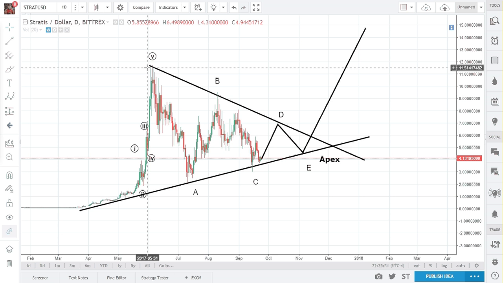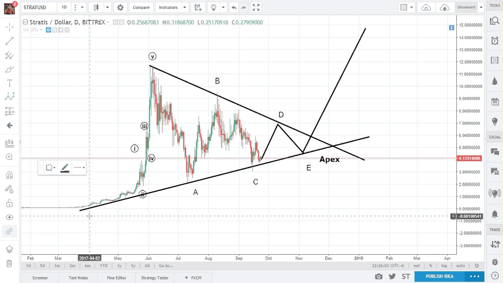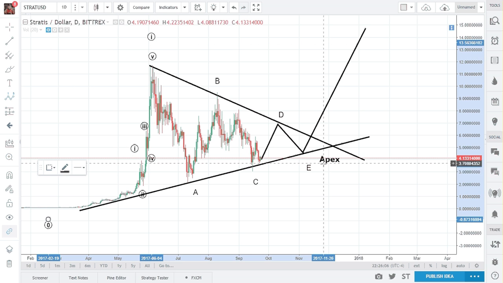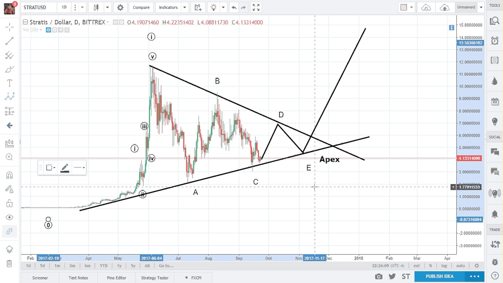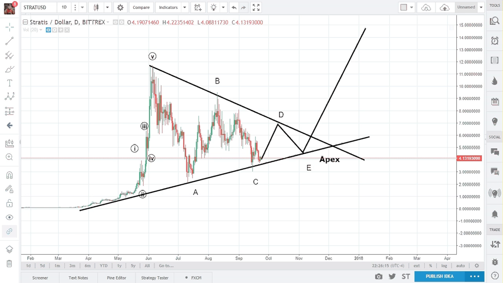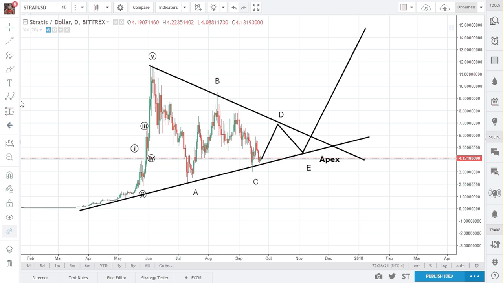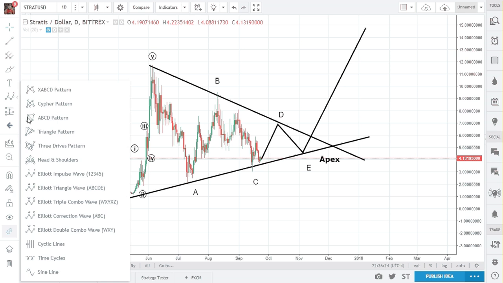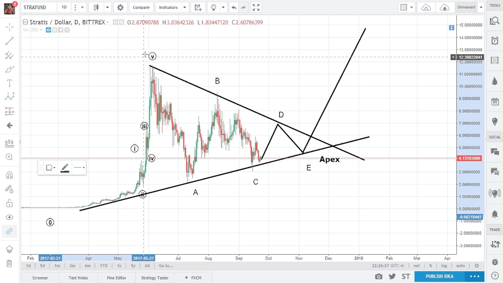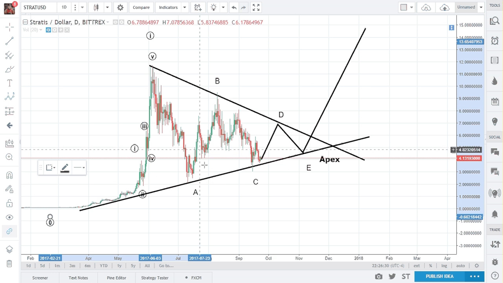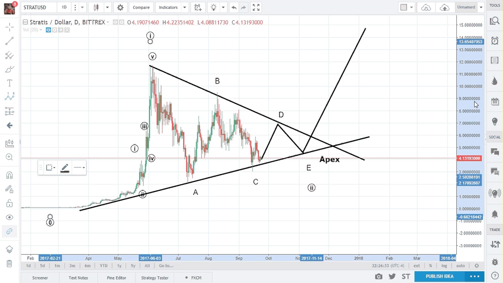And these 5 waves make up the subwaves of a larger degree wave 1, which I will call 1. And this A, B, C, D, E makes a larger degree. Oh, brother. Nope, I still have to figure out how to do partials. Higher degree 1. A, B, C, D, E is subwaves of a 2.